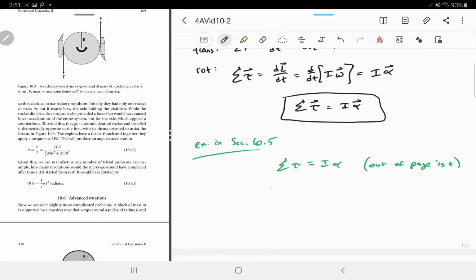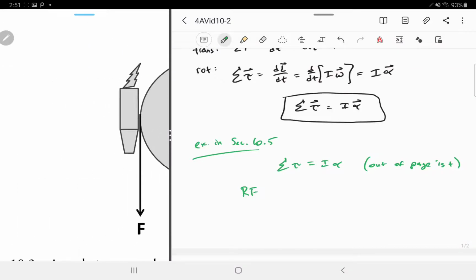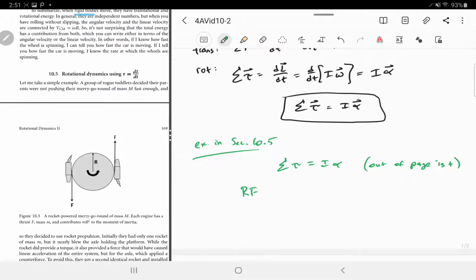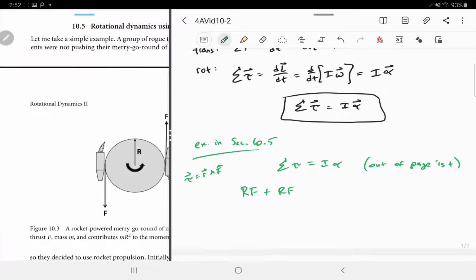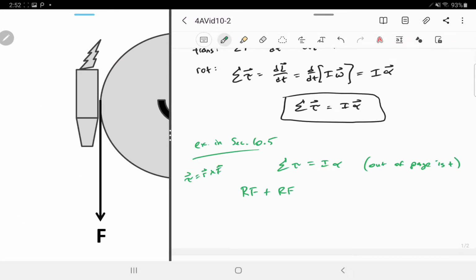There's 2 torques. So there's R times F due to the one on the right, this rocket right here, and then there's RF that tends to rotate this in the same direction. So even though the force is in the opposite direction, the torque is in the same direction. And using the definition of torque, thinking about this as a vector, for the rocket on the left, the lowercase r is pointing to the left, and F is pointing down.